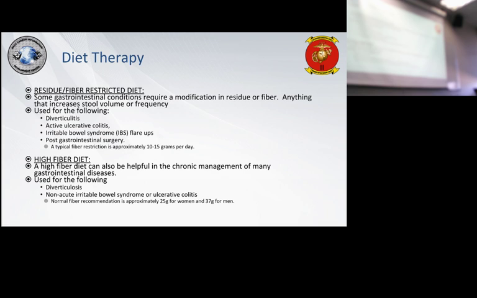Yep, exactly. Puts more stress on the kidneys. Residue fiber restricted diet, high fiber diet, diverticulitis. I'm pretty sure I've seen that before. It was something along the lines of, what diet would you use for diverticulitis? High fiber. So understand what correlates with what.